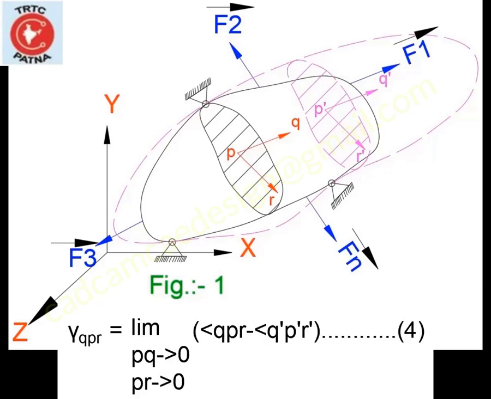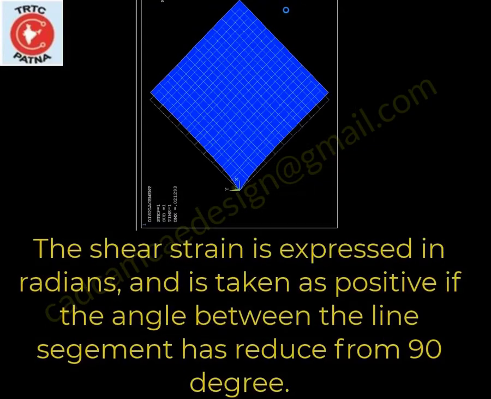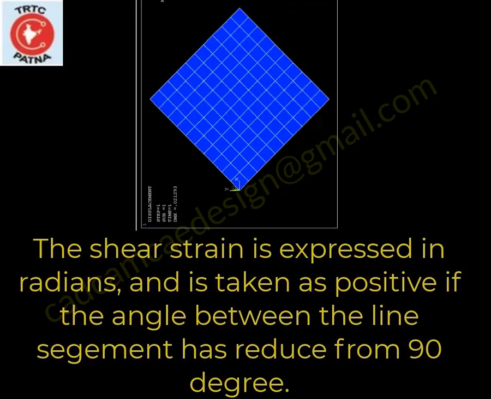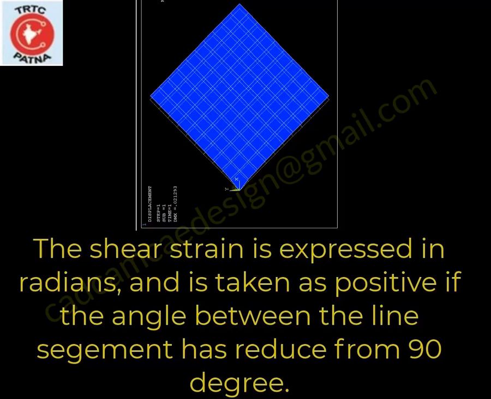Mathematically speaking, the shear strain at point P in the plane QPR is given by shear strain QPR equal to limit PQ tends to 0 and PR tends to 0 of angle QPR minus angle Q dash P dash R dash. The shear strain is expressed in radians and is taken as positive if the angle between the small line segments has reduced from pi by 2.